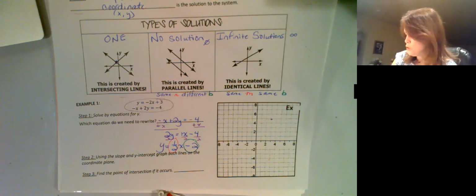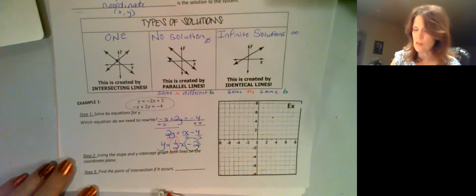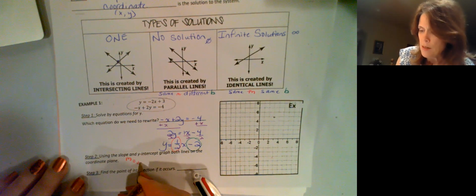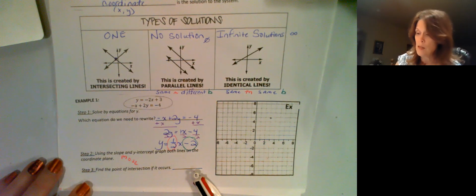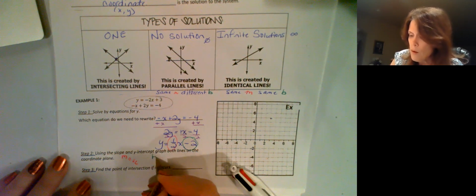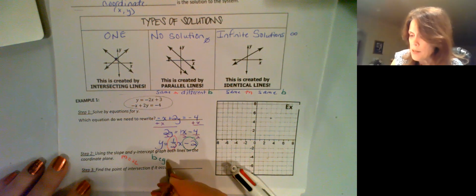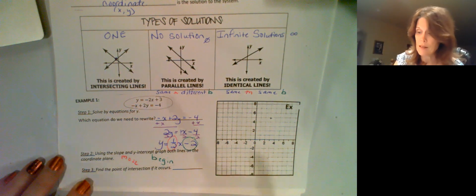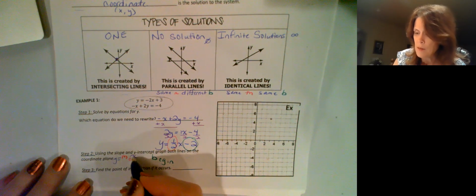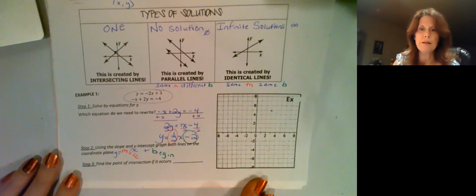Something I want to remind you of here is using the slope shows us how this line is going to move, and the y-intercept tells us where this line begins. Okay. So we get that y equals mx plus b.